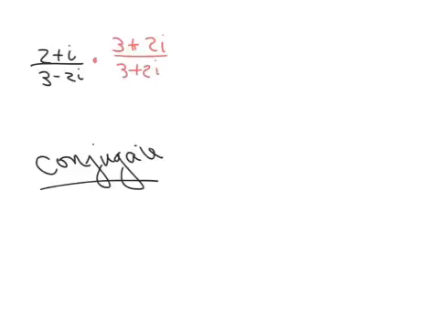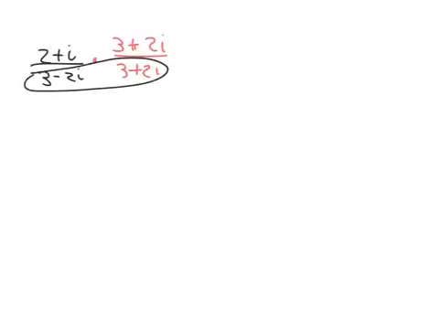Okay, so when we do that, it gets rid of our imaginary number. When you multiply by a conjugate, the bottom will always be the first term squared and the second term squared with a minus sign between them. So 2i times 2i is 4i squared. Now this is the important part.